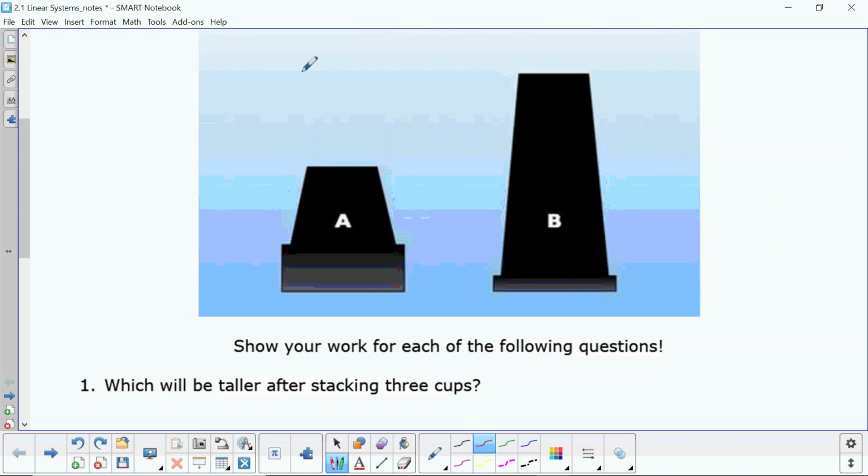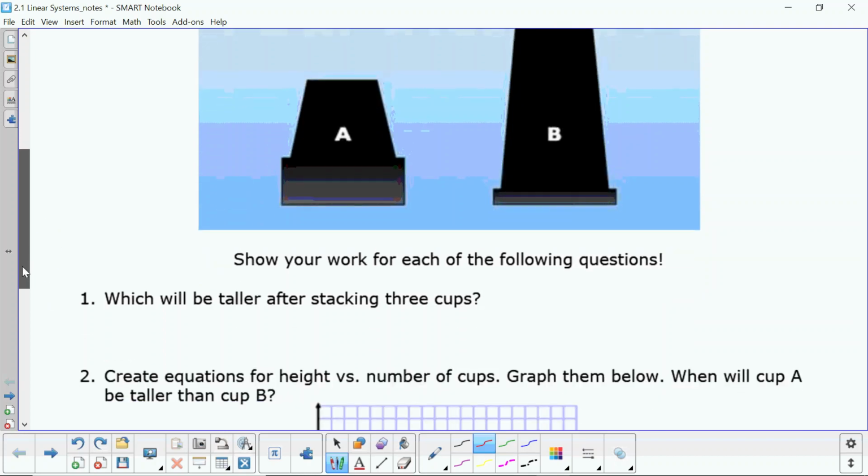So we just keep adding another two cups, then compare them. Then after that, create equations for height with number of cups. Graph the two equations below, then it asks you when will cup A be taller than cup B if they have the same number of cups.